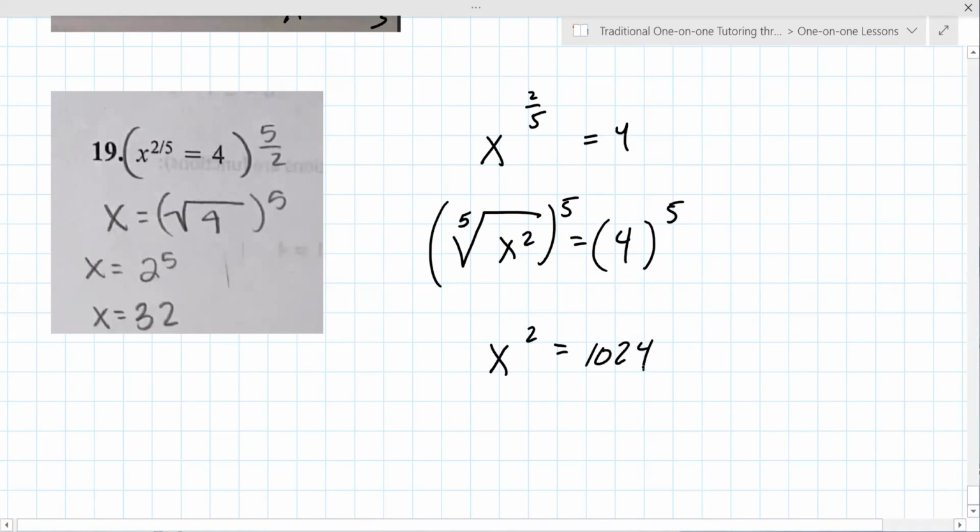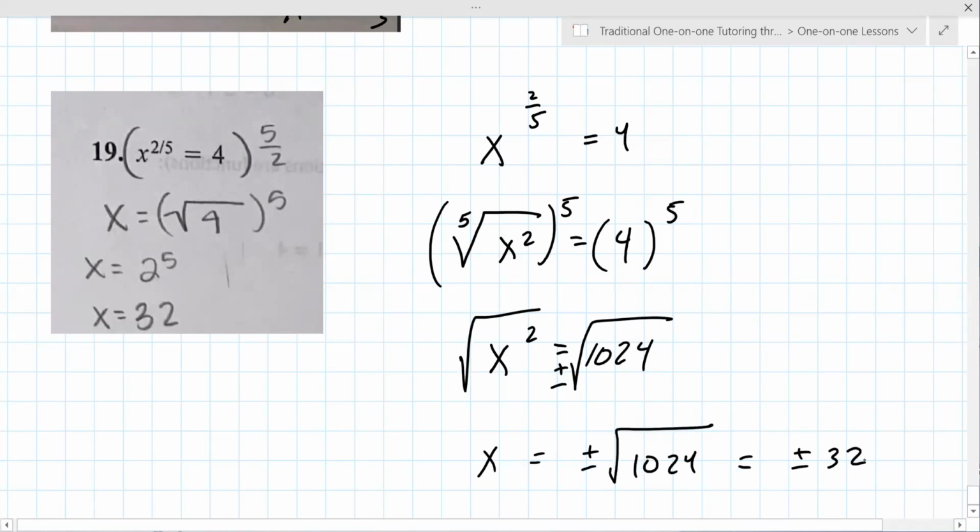There are two types of numbers that you can square to get a positive number, because when you square root this, you get both plus or minus. So x equals plus or minus the square root of 1024, plus or minus 32. And it all comes from the fact that there's a 2 up there. That's why you have to go down this whole other path.